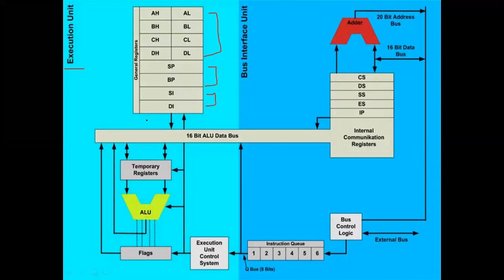Other than these, the execution unit consists of the arithmetic logic unit circuitry, the flag register, and the execution unit control system. So these are the parts of the execution unit. Okay.